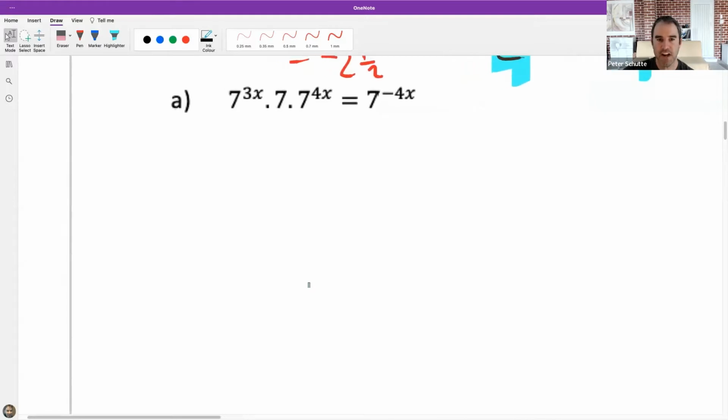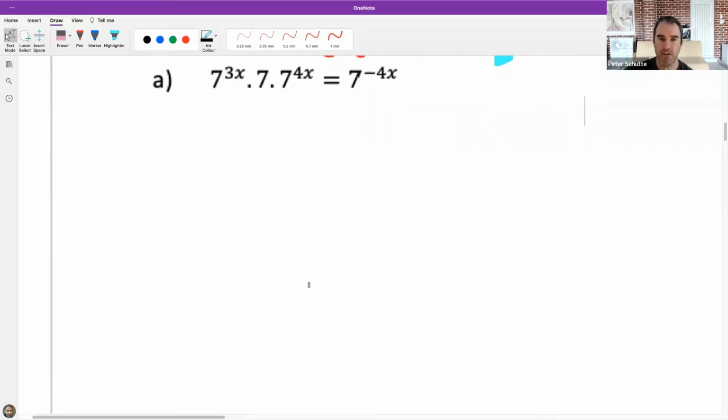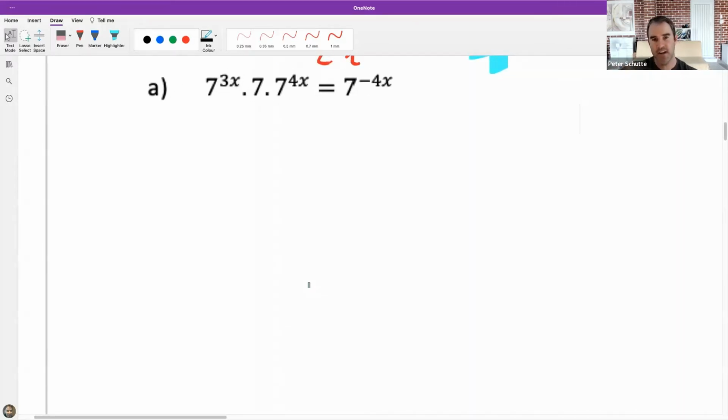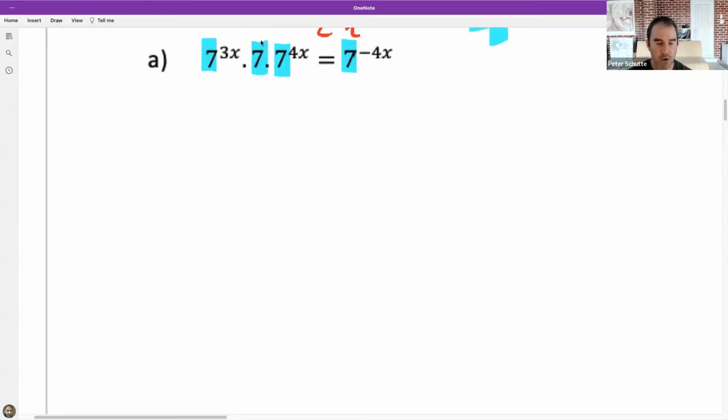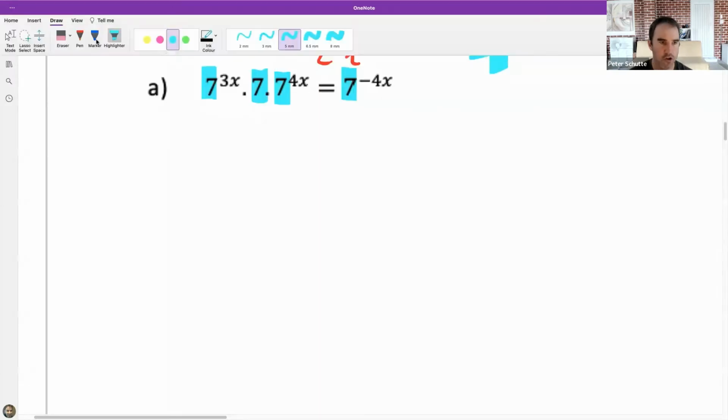Pleasure. If you look at A, can you see how A is far less complex? All that you've got is your 7s here, but you at least have bases that are 7. Now the question is, how do you bring these all together? I want you to use what you learned in the previous lesson to try and solve this. The only tip I'm going to give you is a shortcut.